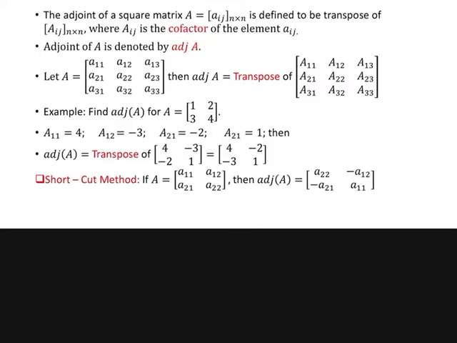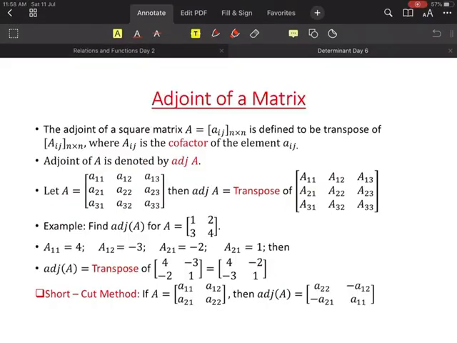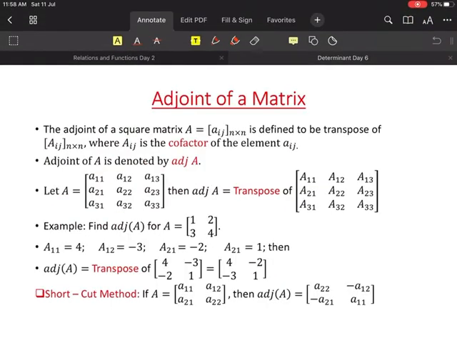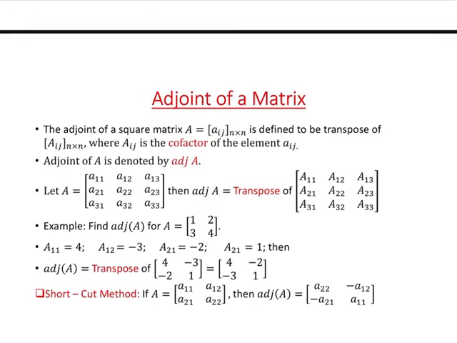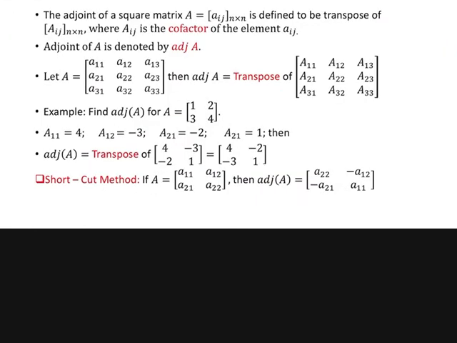Can you tell me what is this capital Aij? Capital Aij means what? Row and column. Where we have seen capital Aij, it means cofactors of small aij.